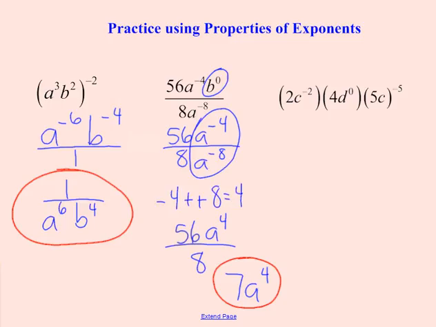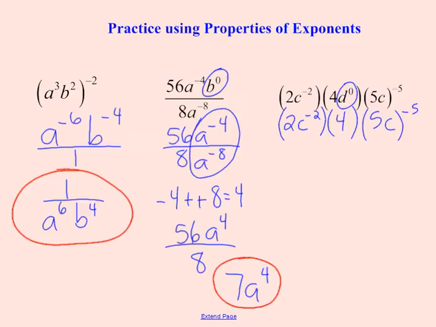Next example, 2c to the negative 2 times 4d to the 0 times 5c raised to the negative 5th power. All right, things are getting more complicated, so make sure that you're paying close attention. First thing I recognize is d to the 0 equals 1. So I have 2c to the negative 2 times 4 times 1 is 4, times 5c all raised to the negative 5th.